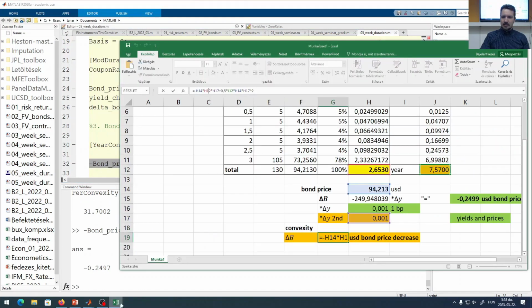Yay! And negative, and practically still it's quite the same, just one digit. So it's cool.